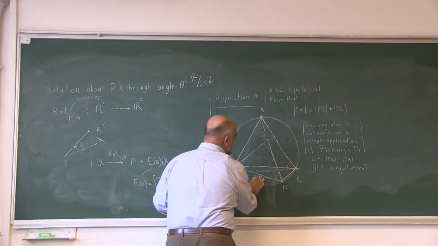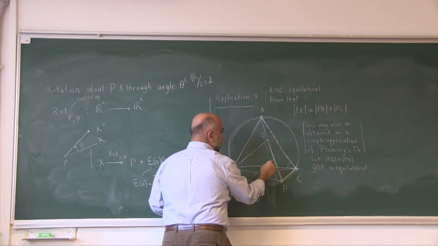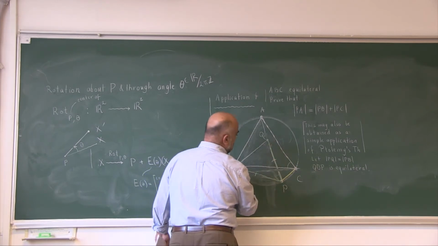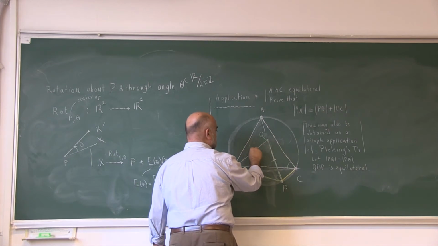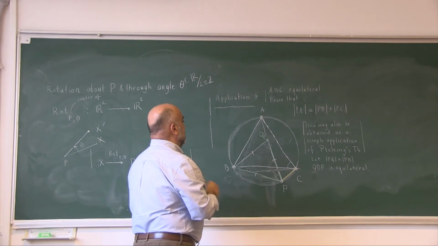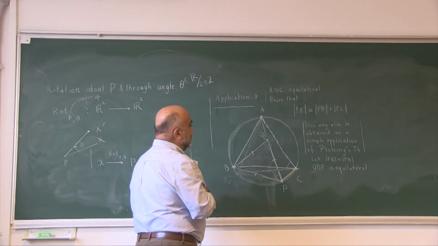It means that BP and QP are congruent. Not only that, of course, QP is also congruent. There is one thing: you might like to proceed like this.